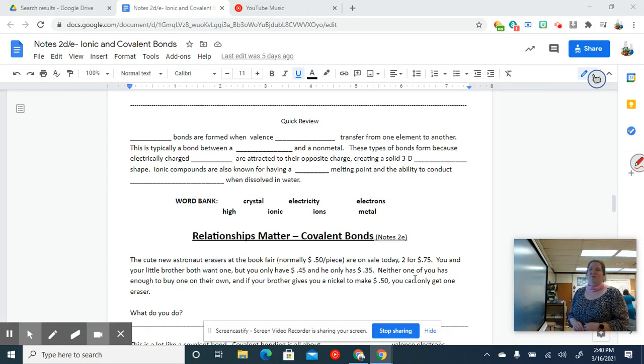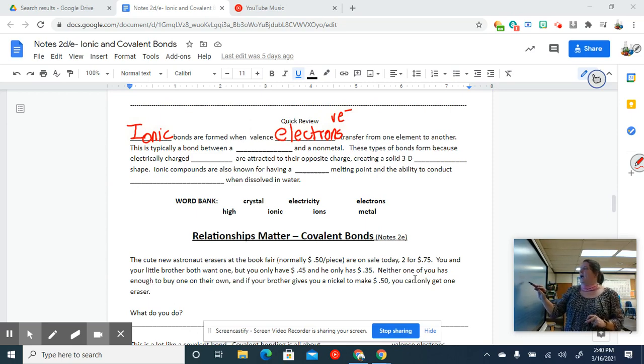Today's quick review is ionic bonds. Ionic bonds are formed when valence electrons, remember we did this, transfer from one element to another.